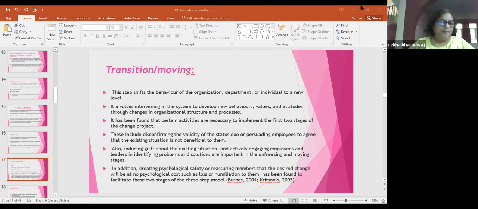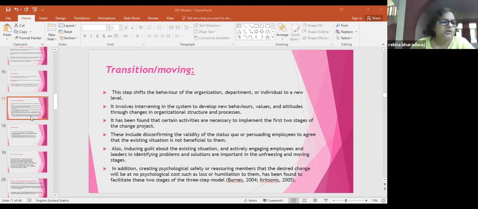And people are participating in the change process very happily.